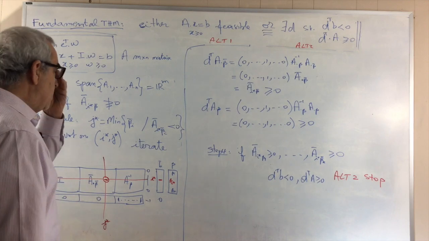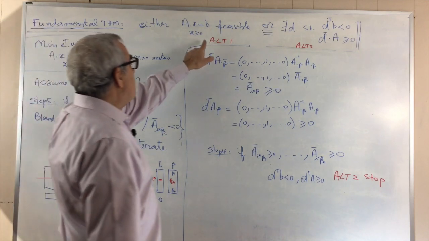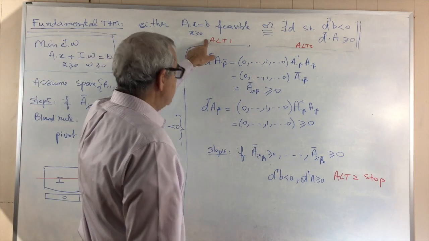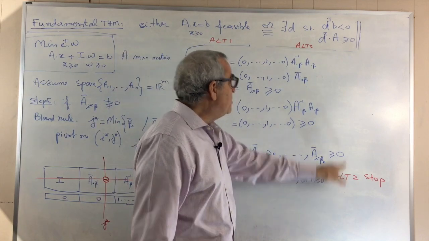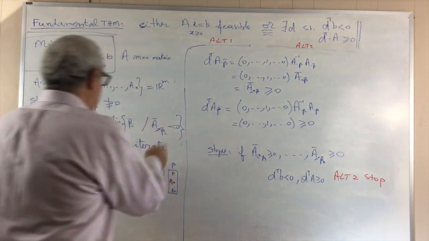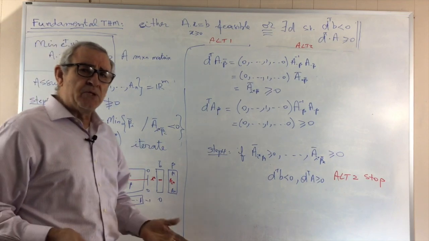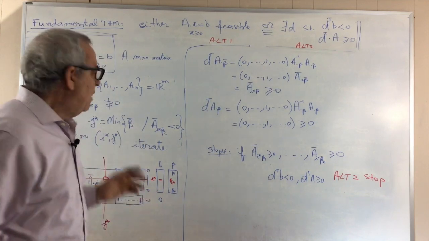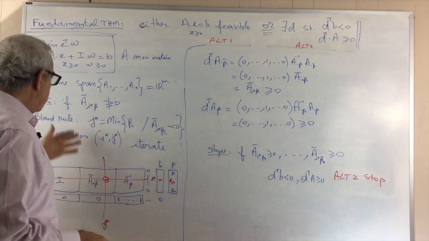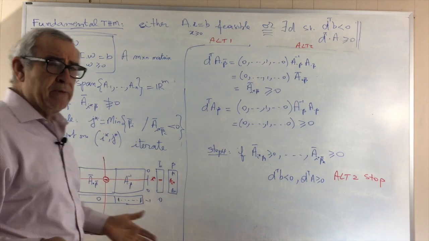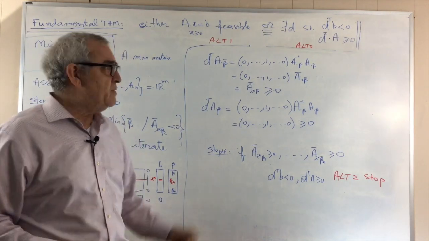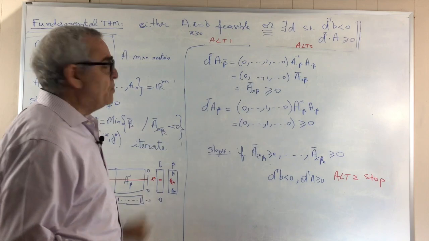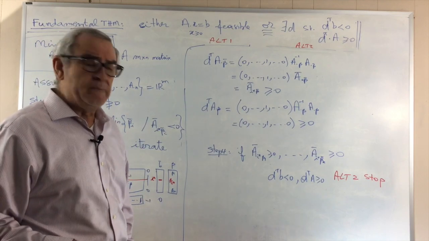So what we have shown is we either stop at alternative 1, or we stop here at alternative 2, or we iterate. And since we are using the Bland rule, this algorithm is not going to go forever. It's going to stop after a finite number of iterations, and this completes the proof of the fundamental theorem.